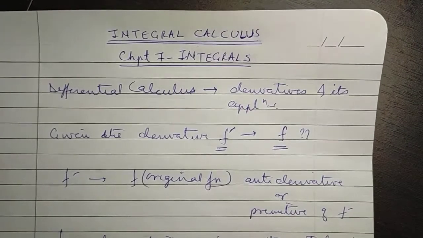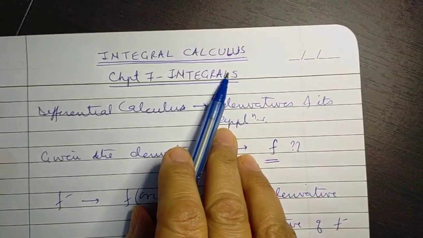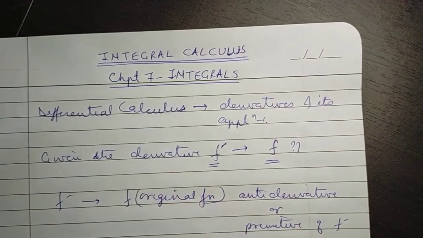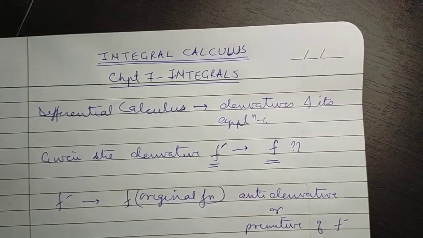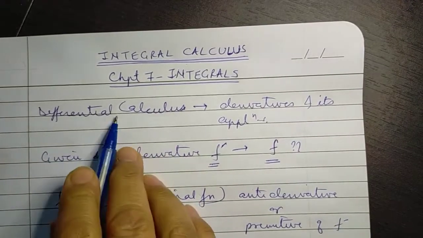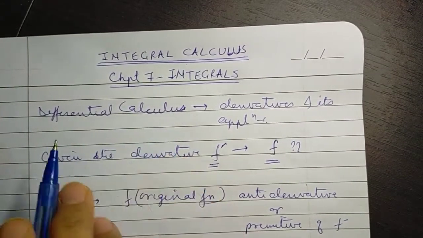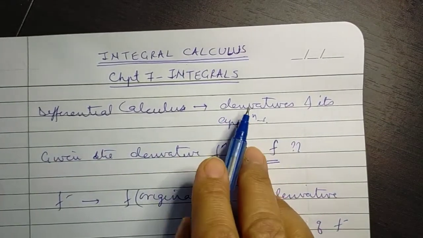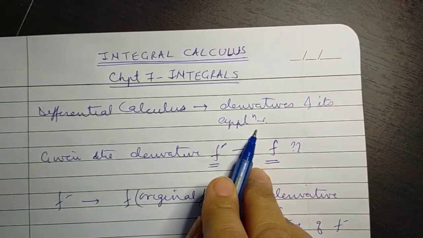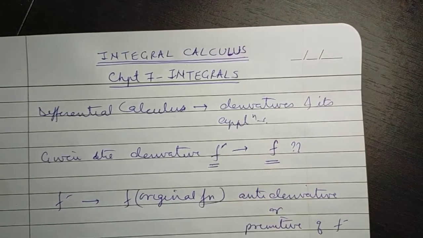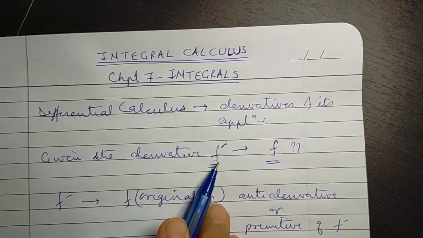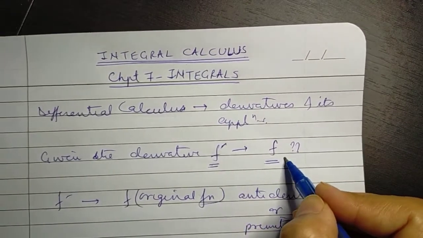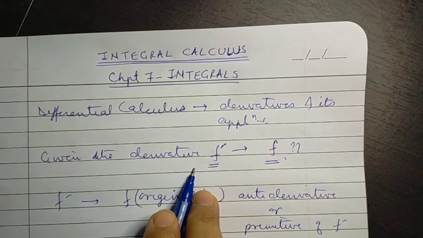We are going to introduce you to the concept of integral calculus. Now let's start with differential calculus, which we have already studied in chapters 5 and 6 of NCERT. Differential calculus is centered on finding derivatives and its applications. So here the question arises that given the derivative f dash, can we find the original function f from where it has been derived?